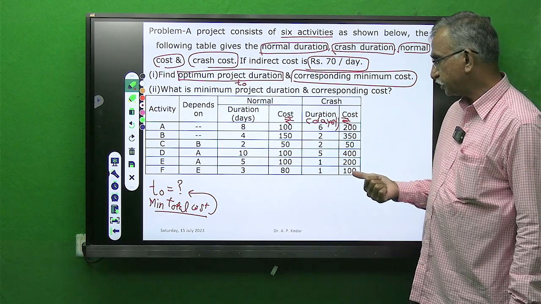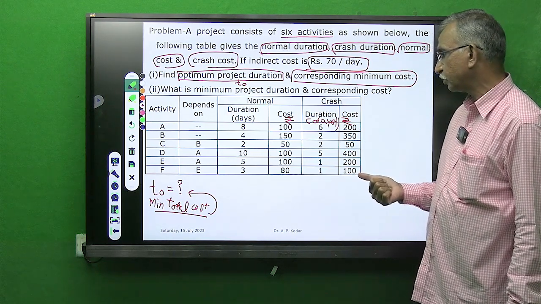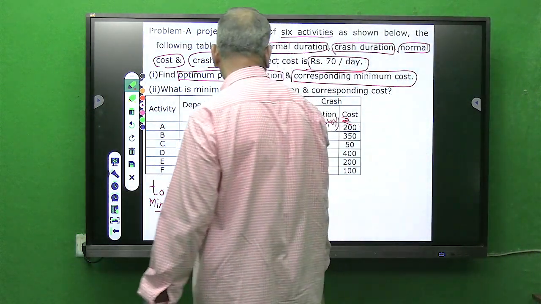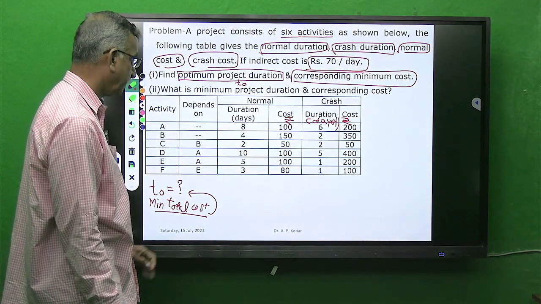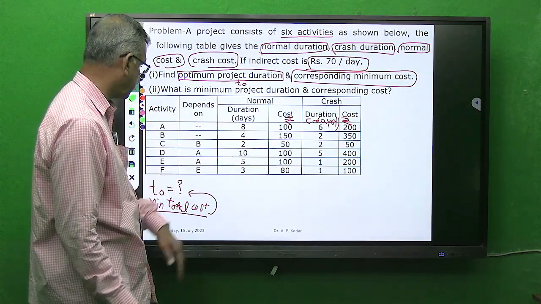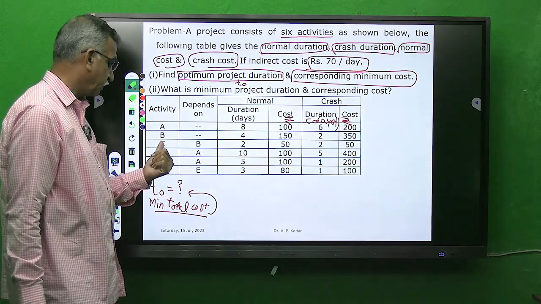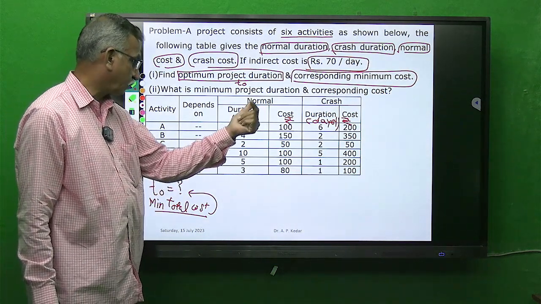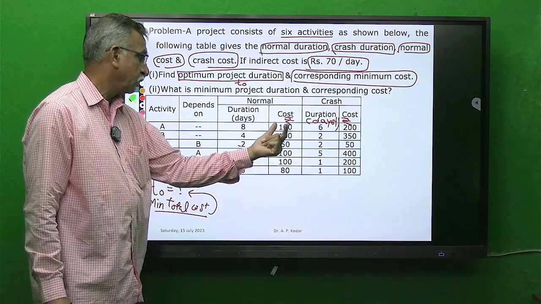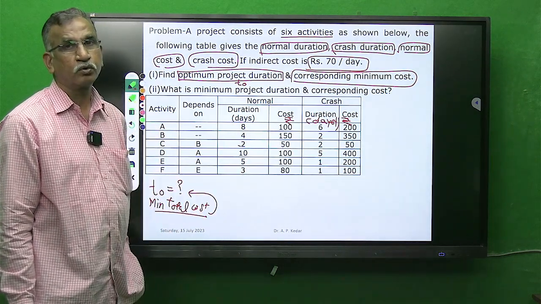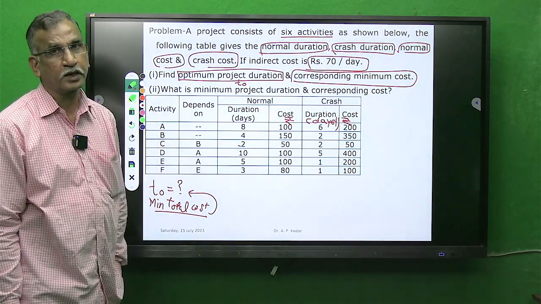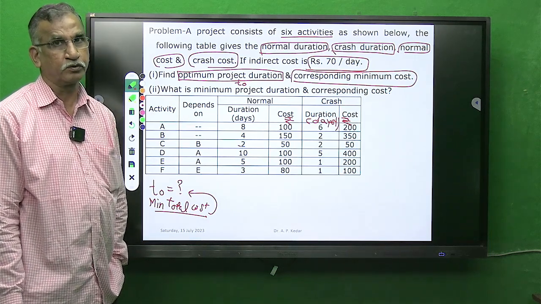There may be a scenario where you cannot crash an activity, and that scenario we can witness under activity C. See, activity C, normal duration is 2 days, crash duration is 2 days, means there are no chances of crashing activity C anymore.